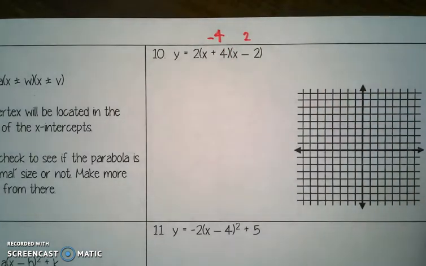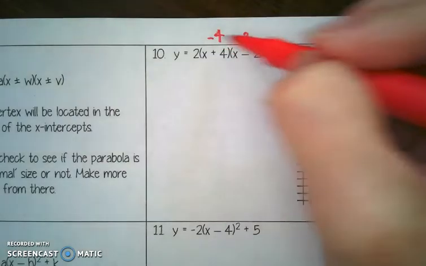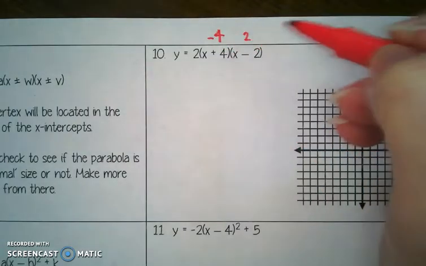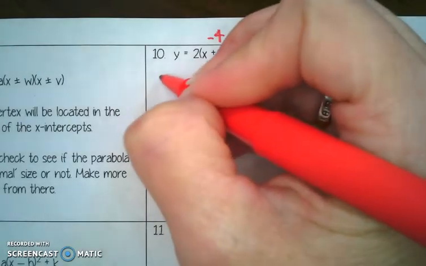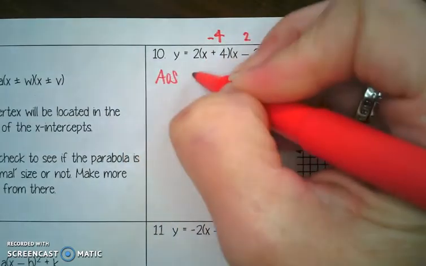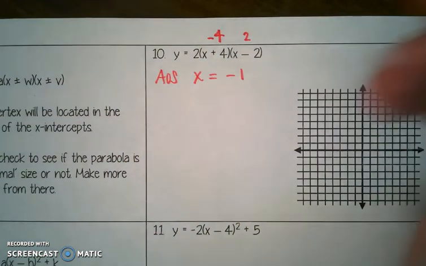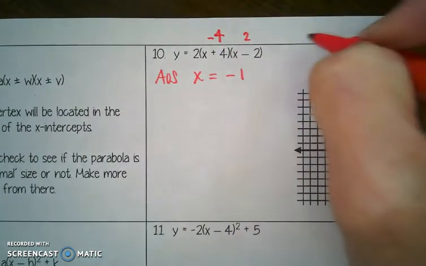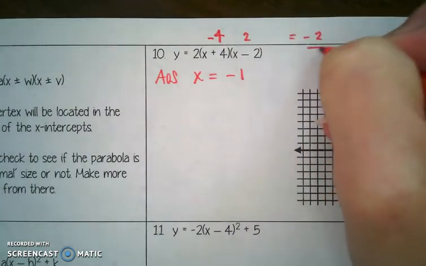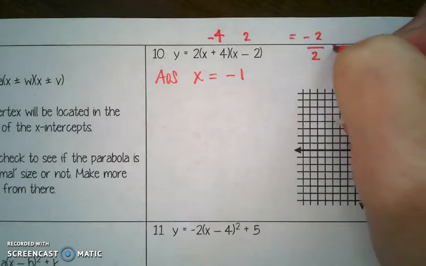Basically we're doing the average. If we add these together and divide by 2, then we know that our axis of symmetry is located at -1. I added those together and divided by 2 because I'm just trying to find the average.